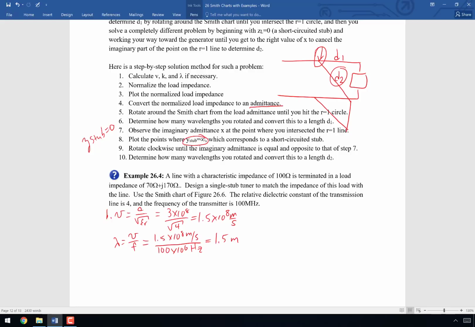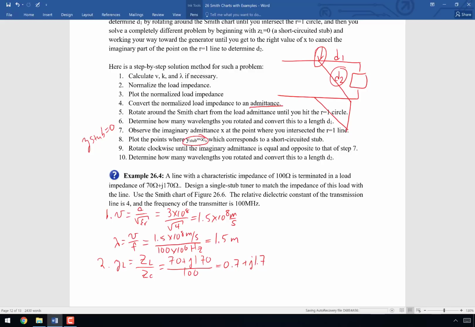So that's step 1. Step 2, normalize the load impedance. Z sub L is equal to capital Z sub L divided by Z sub C, which is going to be 70 plus J170 divided by 100, which is 0.7 plus J 1.7. Oh, it's not ohms, it's just a unitless impedance now.